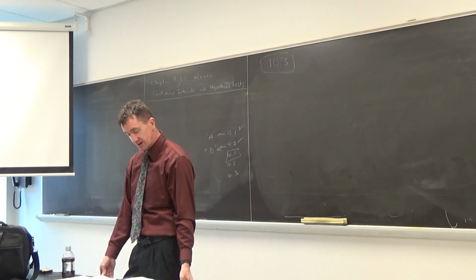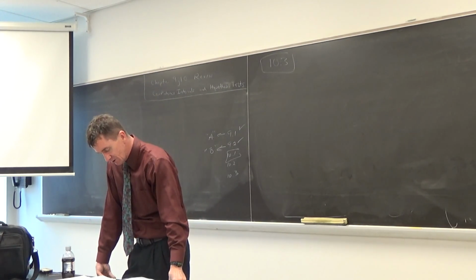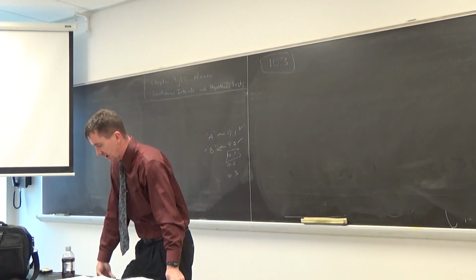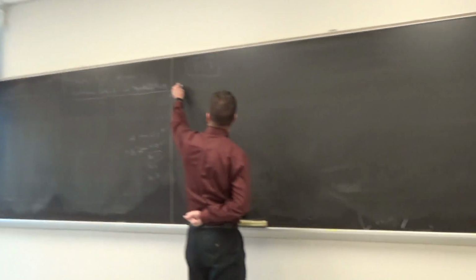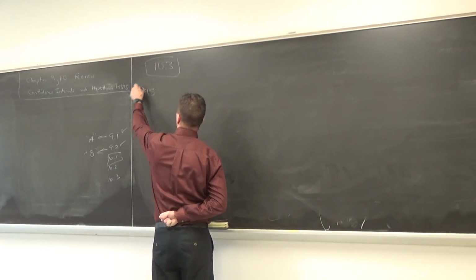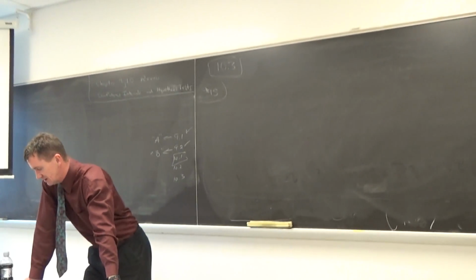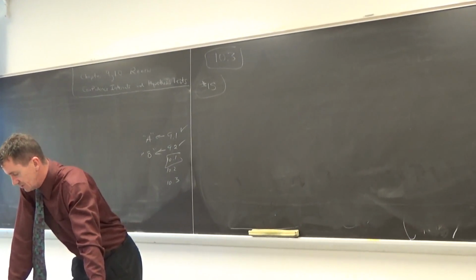All right, this is 10.3. Everyone, I'm going to do number 15. This was effects of alcohol in the brain. Okay, more with alcohol. We got this. What's interesting in this problem, everyone, they give a sample size.